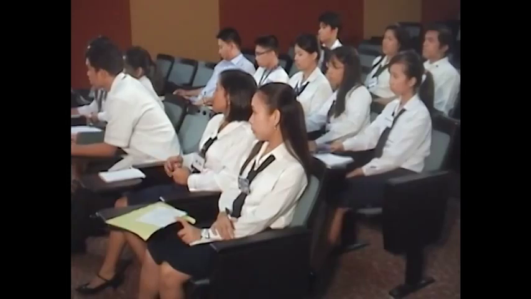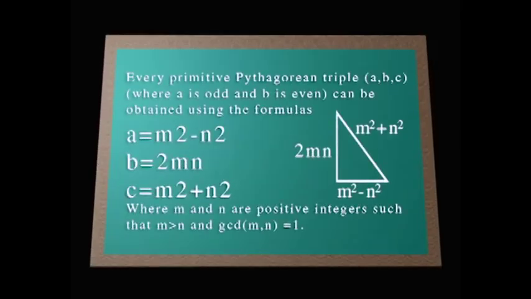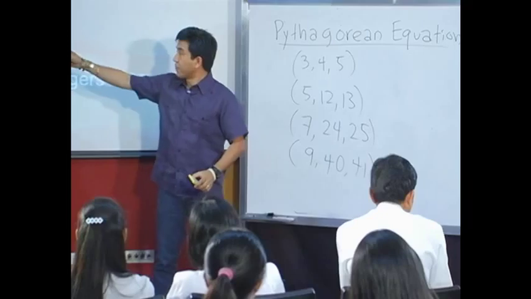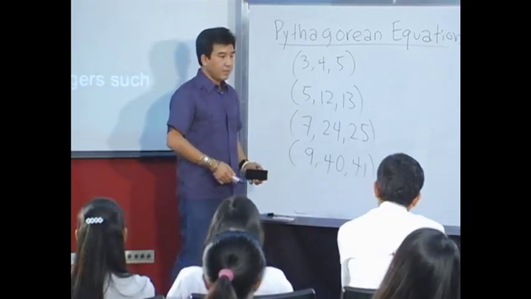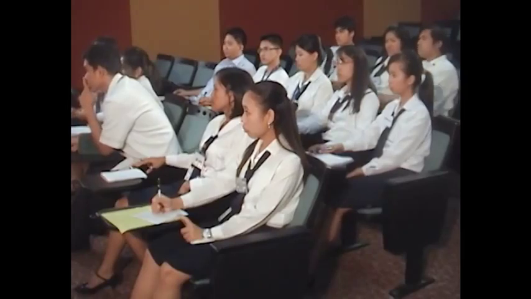So if we want primitive Pythagorean triples, we can show that every primitive Pythagorean triple is of this form. But by just taking any m and n, we can always produce a Pythagorean triple. For the last part, I just want to show that for any values m and n, we will always produce a Pythagorean triple.